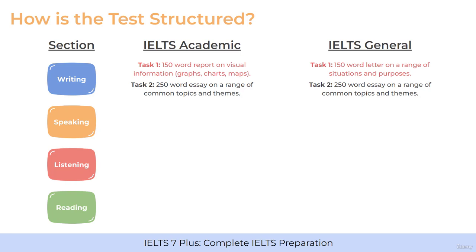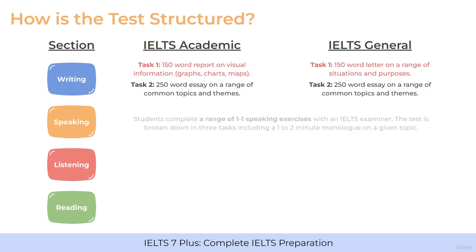This is very much about reporting trends and data. Task 2 for academic and general is a 250-word essay on a range of topics. This is the same. Whereas the difference for general is you'll write task 1, a 150-word letter for a range of situations and purposes.